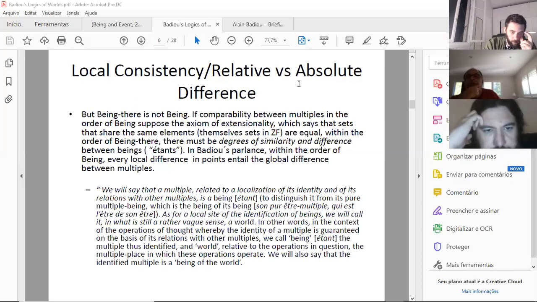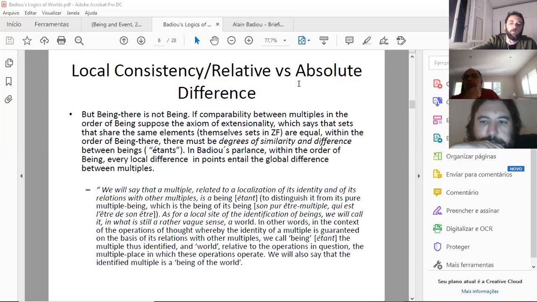So actually, think about it. Ontology is already conditioned by this, because the axiom of separation, which belongs to ontology, is already the result of the Russell paradox. So basically, you have the inconsistency of the whole, which is the set of all sets.